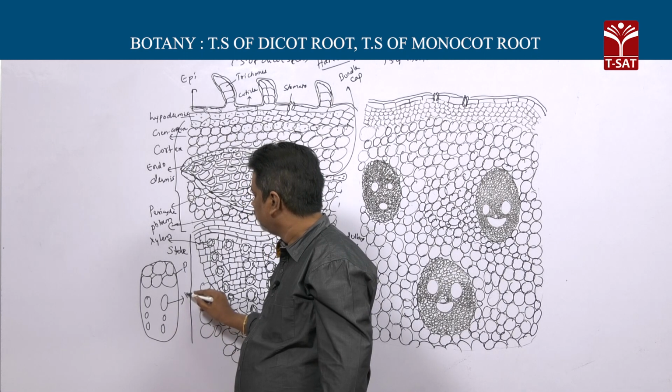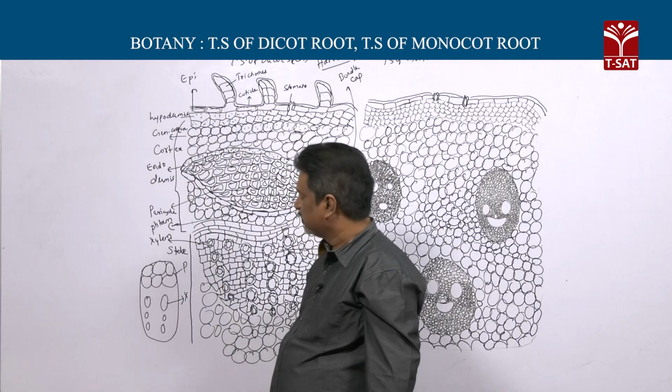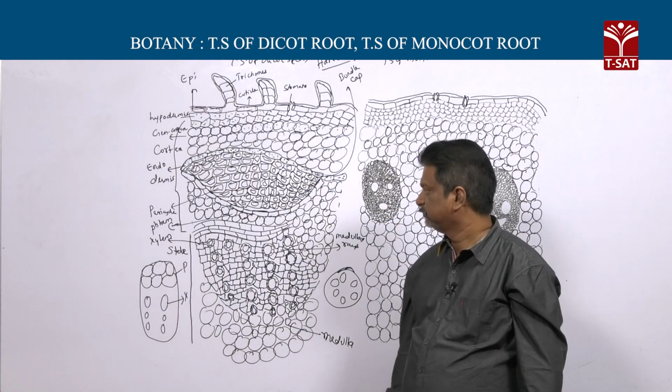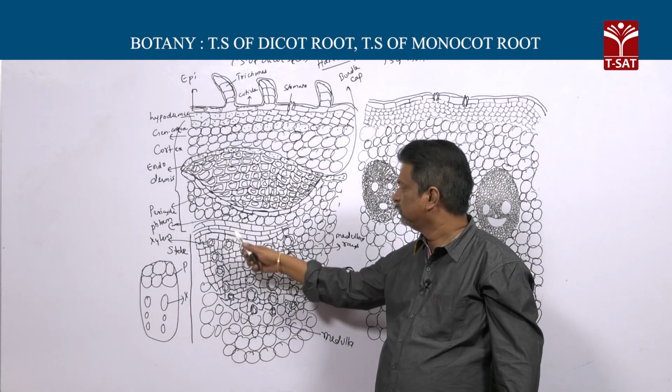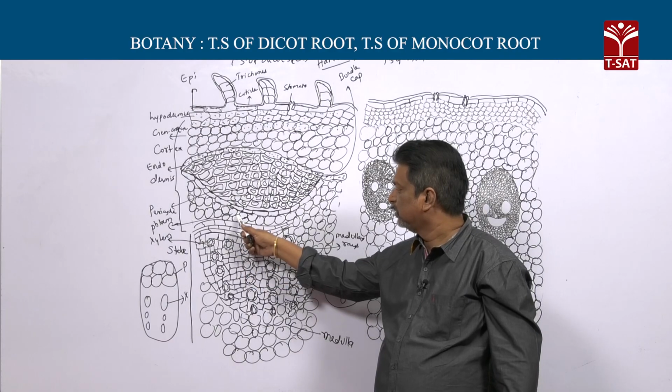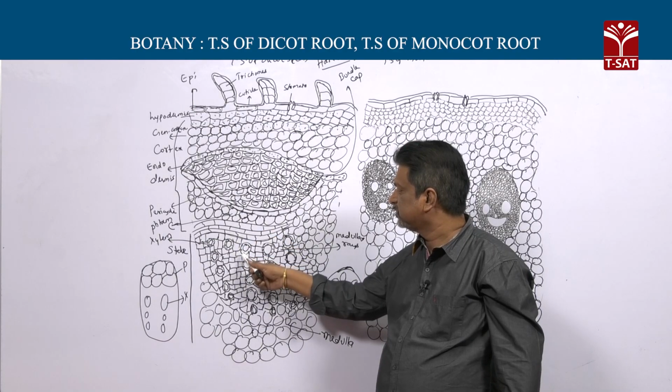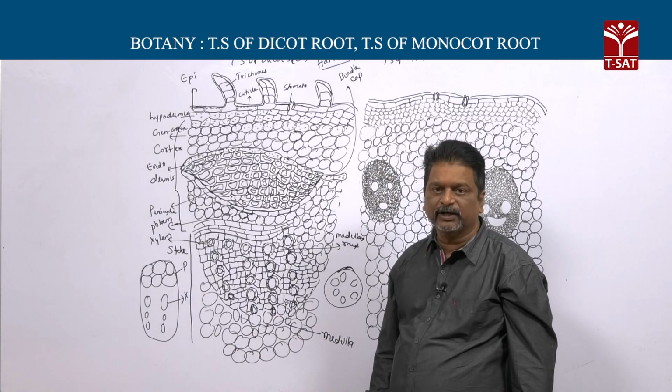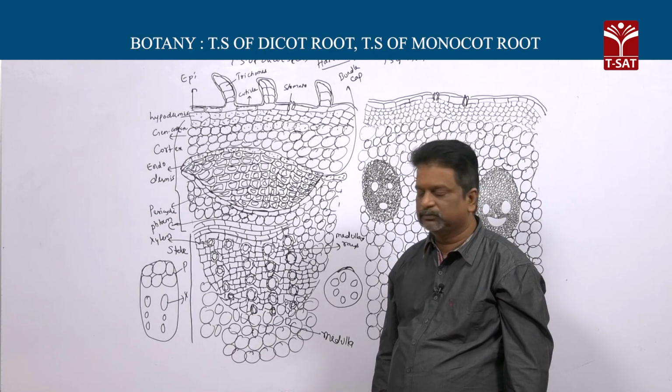Phloem and xylem present on the same radius are called collateral vascular bundles.